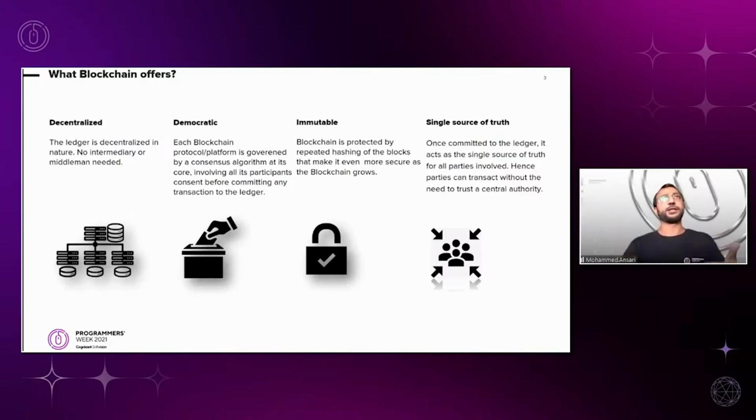So with the help of the hashing, the data in the blockchain remains consistent. It cannot be altered. It cannot be played with. Because of this, blockchain offers another quality, which is it being the single source of truth in systems.